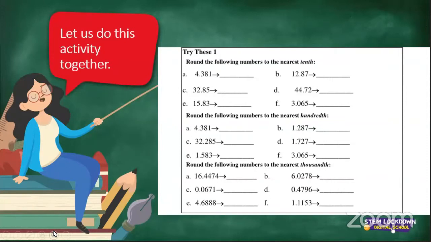Okay, for B, it is 314.67. Rounding off to the nearest 10, 310.